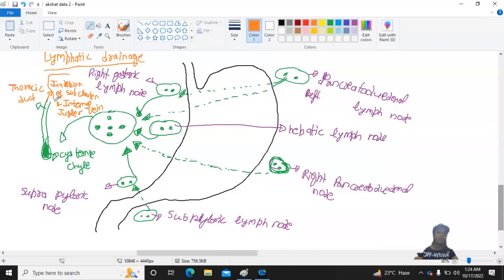Junction of subclavian and internal jugular vein. This is the whole direction of lymph flow, the lymph drainage of the stomach.